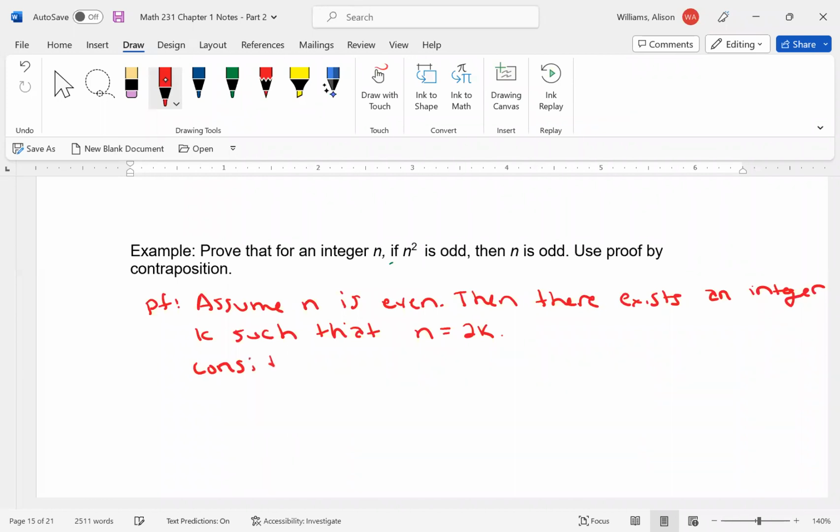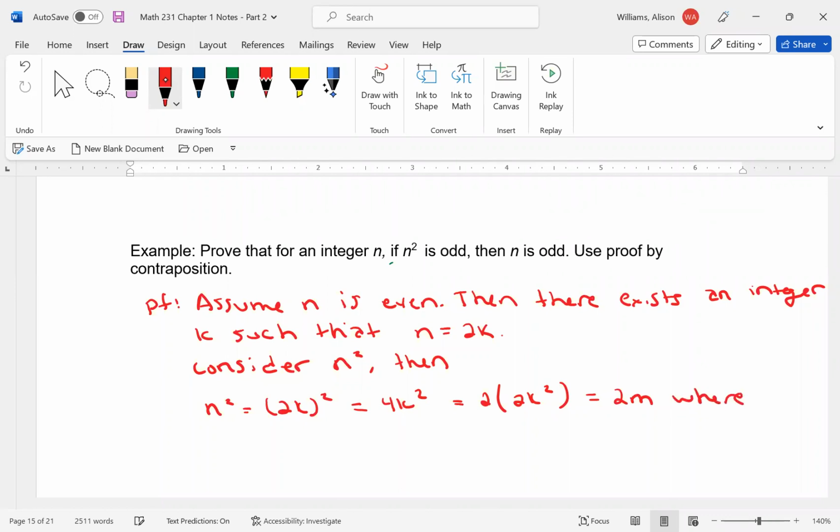Consider n squared. Then n squared equals (2k) squared, which is 4k squared, which is 2 times 2k squared. So we have just shown that n squared equals 2 times another number. I'll call that other number, I'll even use the same letter I used last time, m, where m equals 2k squared.